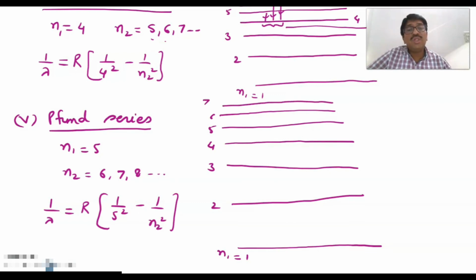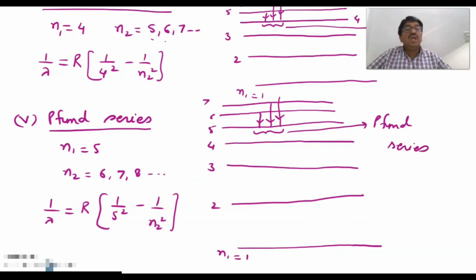If atom is transited from 6 to 5, 7 to 5 or above level, then the wavelengths of these photons are coming in Pfund series. And this is the last series of hydrogen spectrum.